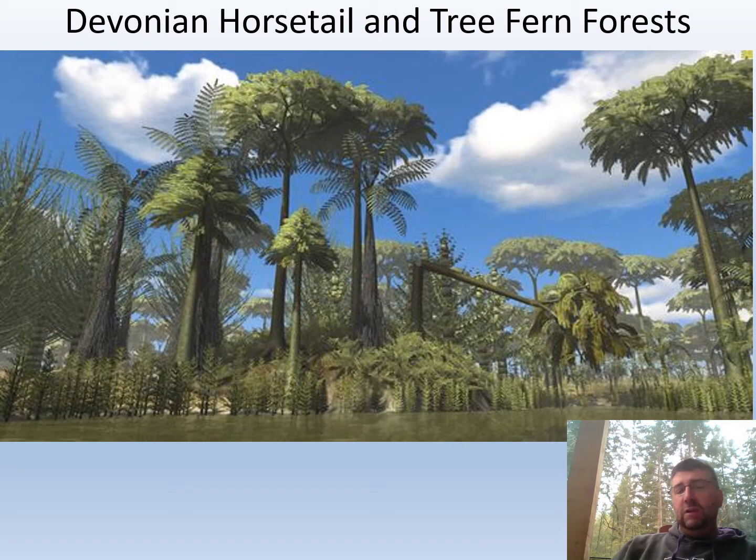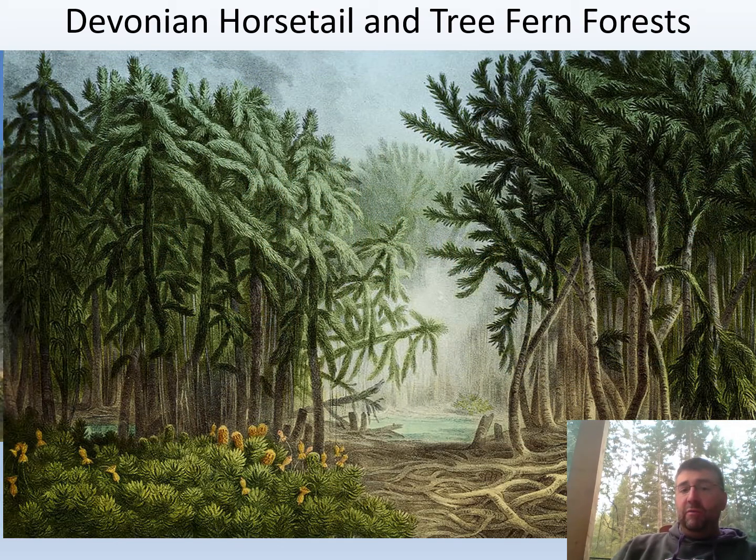And then the vascular plants came along and were able to change everything about how the ecology of the planet proceeded. But these plants basically were limited in their height and dominated the early Earth before that. But they always had to live in really wet environments that had enormous amounts of water nearby. We're talking swamps and very wet tropical rainforest-like environments. In drier parts of the planet, these plants would not have been very successful.